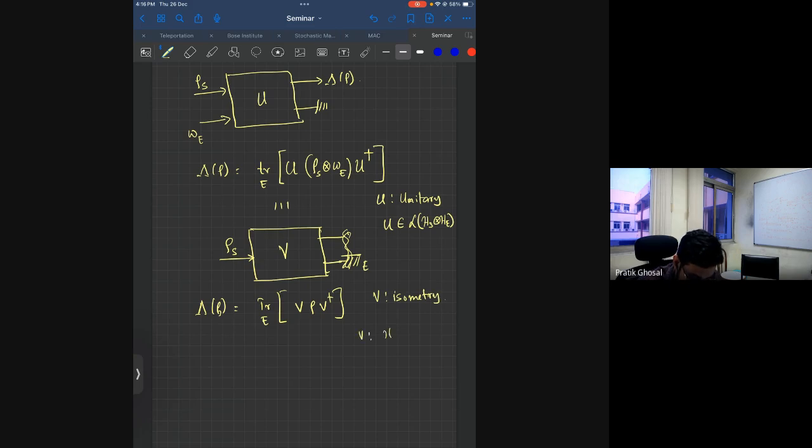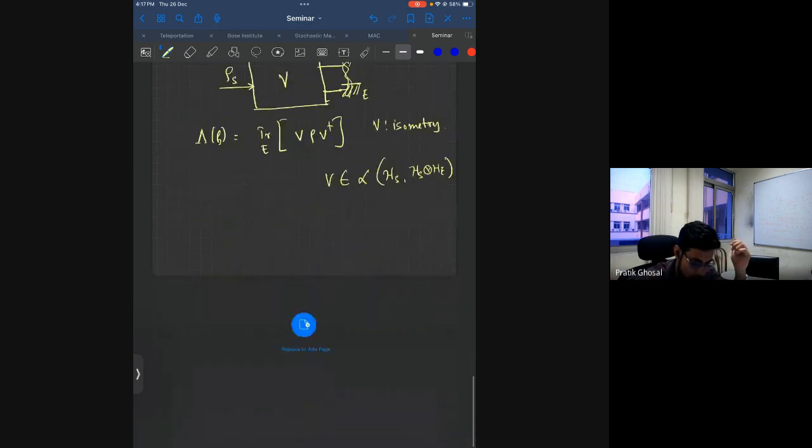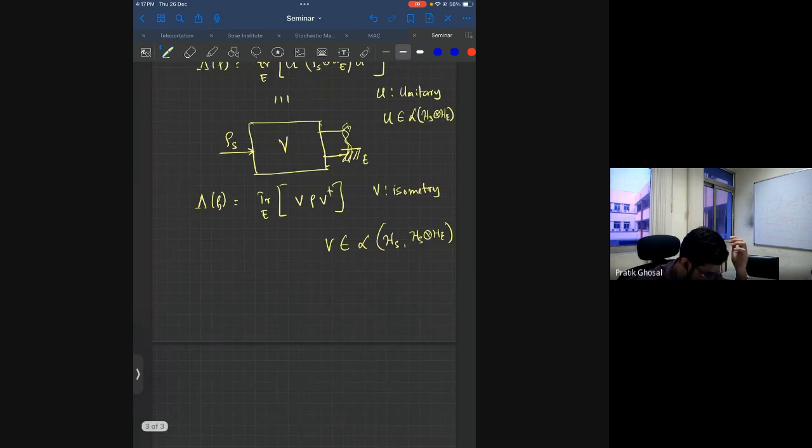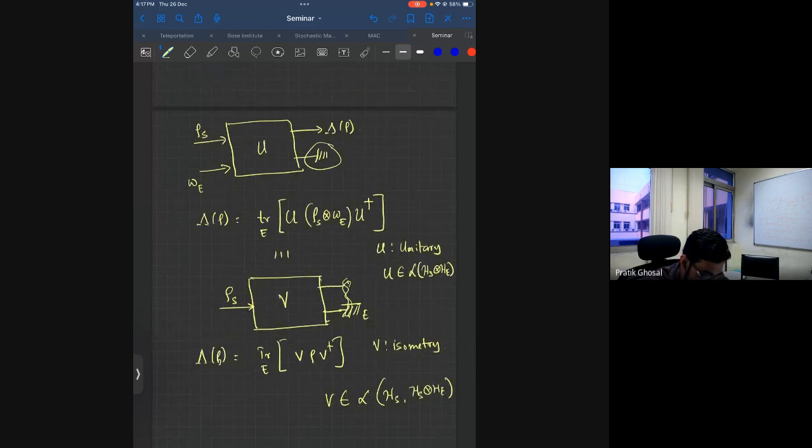So V is a map from HS to the joint system and environment Hilbert space, and by then tracing out the environment, I will get the system state. Since we are not able to access the environment part, we get only the information that is carried by the system part. That's why some information is lost to the environment, or some information is locked in the correlation between the system and the environment after the unitary action.